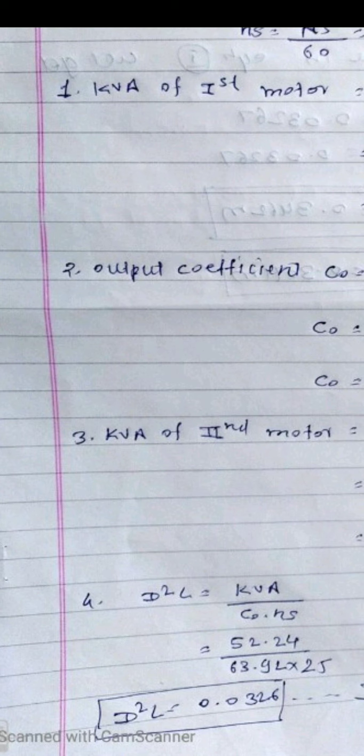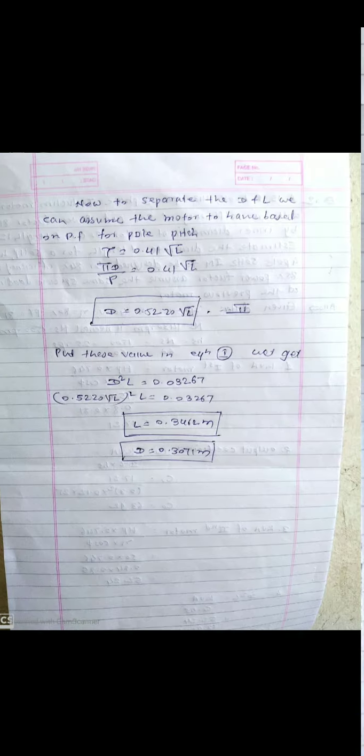Put the values: kVA is 52.24, C0 is 63.92, and ns is the speed in rps, 25. Calculating, d square L is equal to 0.0326. Call this equation number 1.